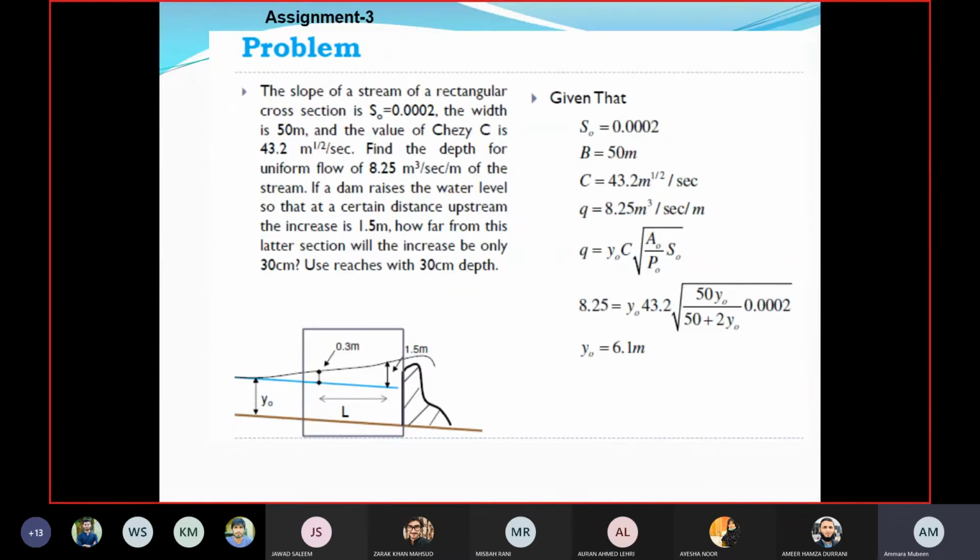Okay, there is another question you'll be doing after this lecture, so just check this question. It is a similar type of question, but in this question you'll be using Manning's equation to solve for S. Y naught is already calculated.